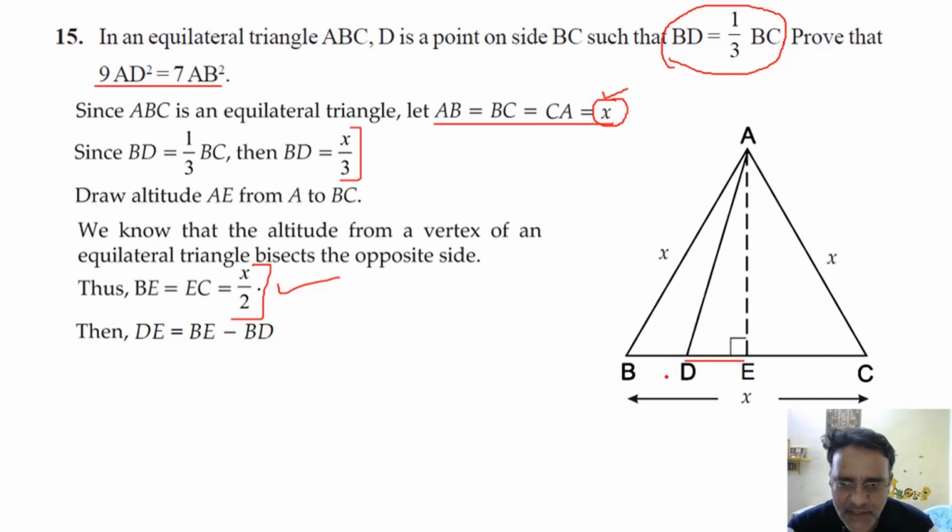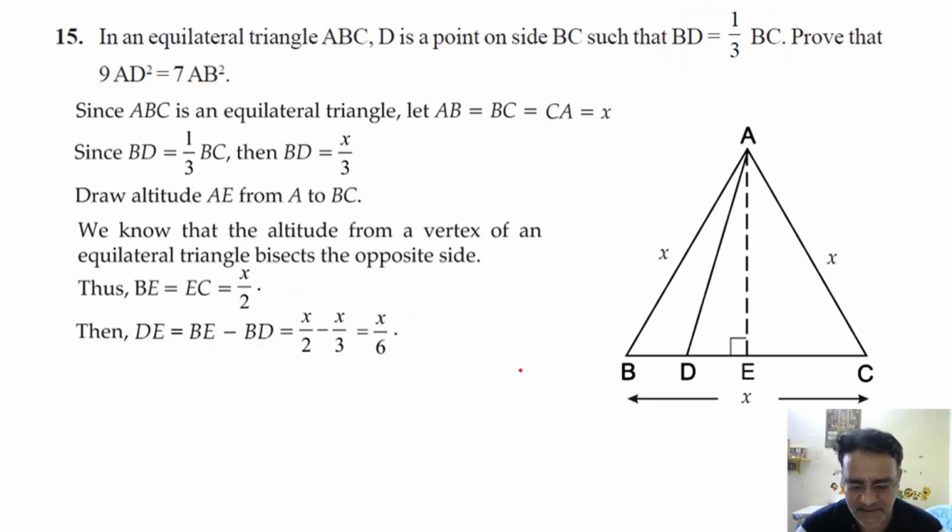So DE we can write BE minus BD. And BE is x by 2 and BD is x by 3. So if you take LCM, you will get 3x minus 2x upon 6. And what is the final answer? x upon 6. Right, x upon 6.